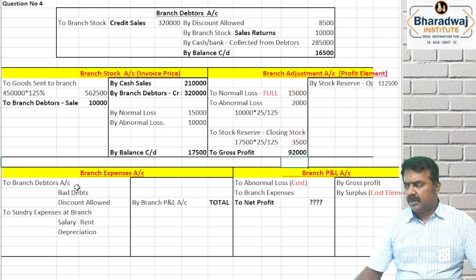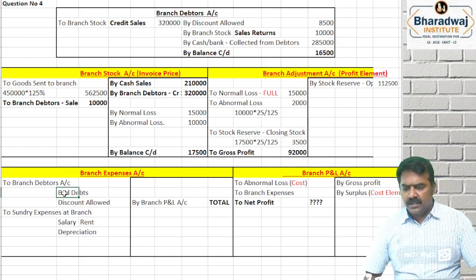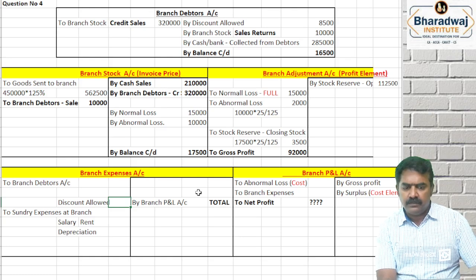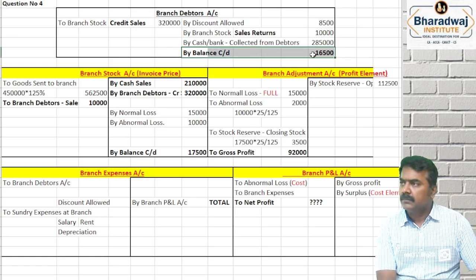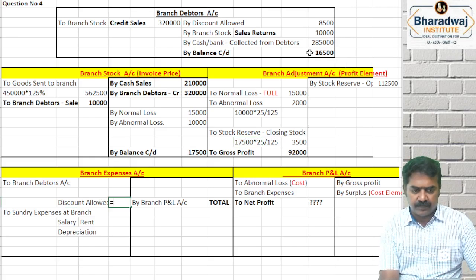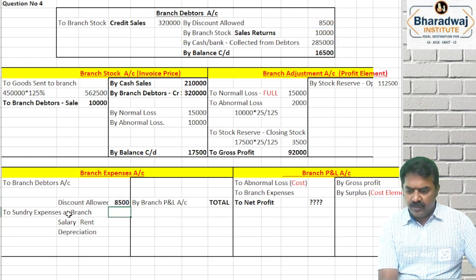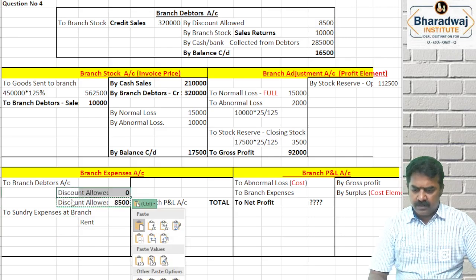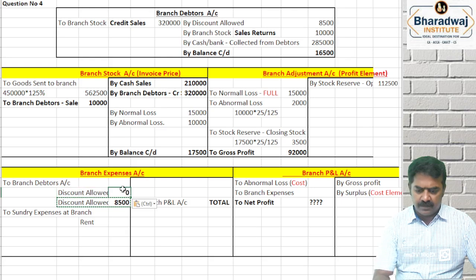Then, what are the expenses? 30,000. The debtors-related item is discount allowed. How much? What is the discount allowed for debtors? 8,500. Then what are the expenses at the branch?